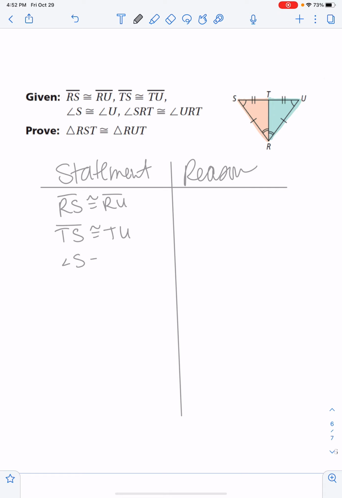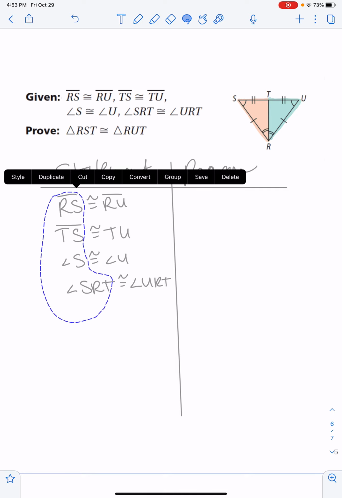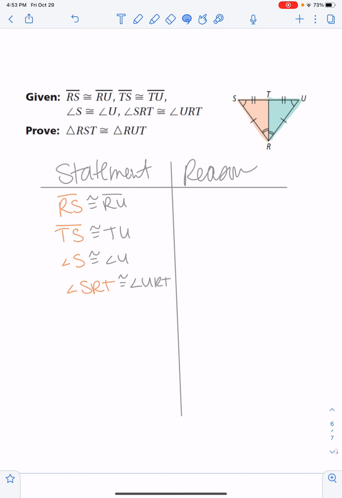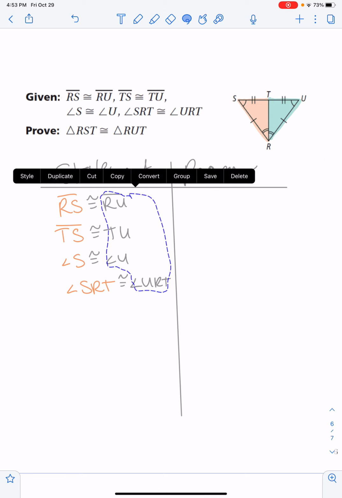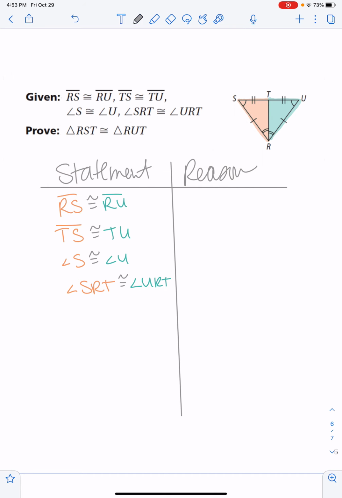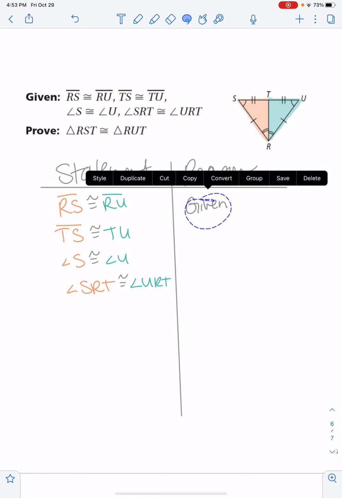And angle S and angle SRT. Okay, so let's see. These are the orange ones, and these are the turquoise ones. So given all of these.